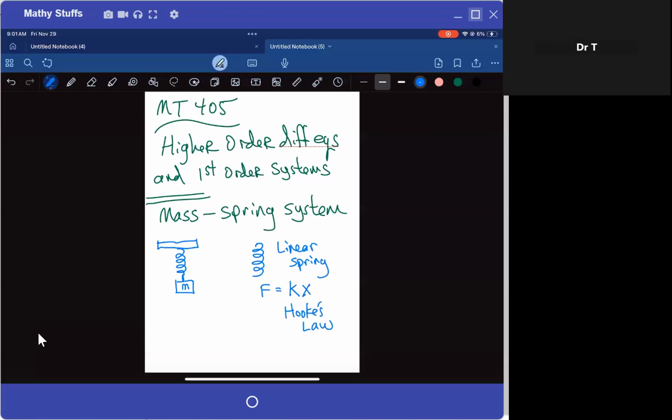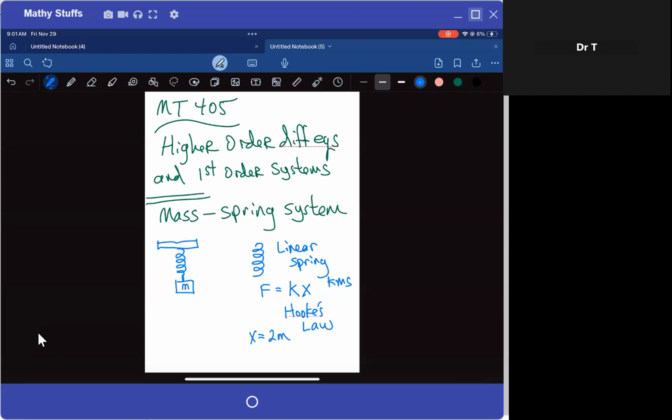So let's say we're in the KMS system, kilograms, meters, seconds, and I've got this particular spring here, and I want to extend it. I want to pull it down, say like 2 meters.